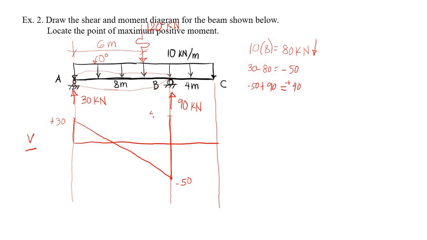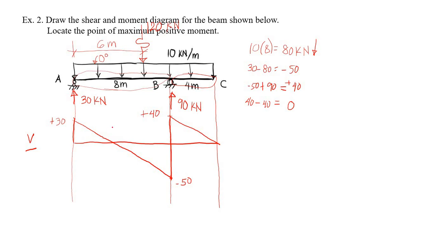We have here 40. And for this portion here, we have 10 times 4 is 40. So we have 40 minus 40 is equal to 0. Okay. So we have now closed our shear force.